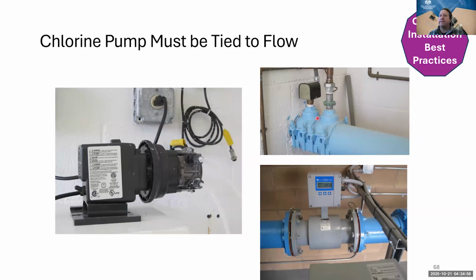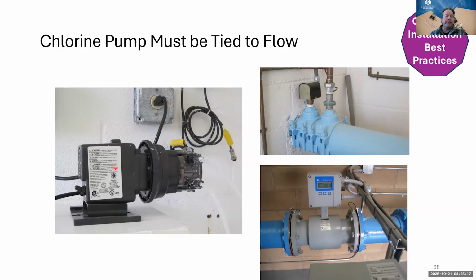Another best practice when it comes to chlorine application is that the chlorine pump must be tied to flow. Here's an example over here where our chlorine pump is actually tied to our well pump through an electrical circuit. When the well pump energizes, it turns on the chlorine pump.